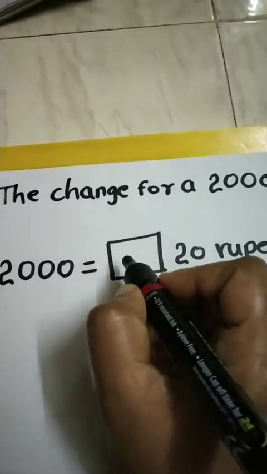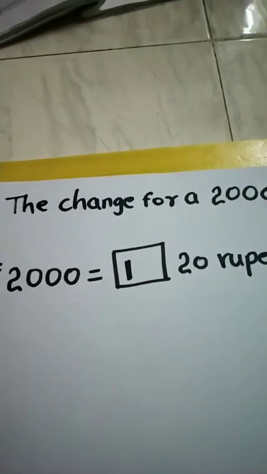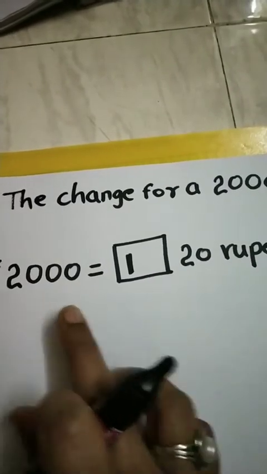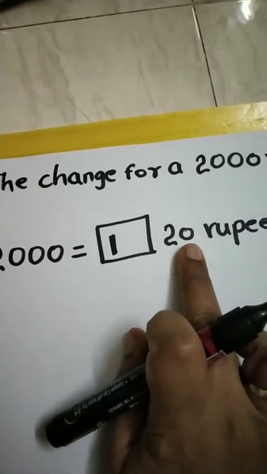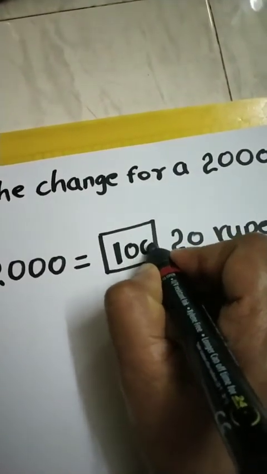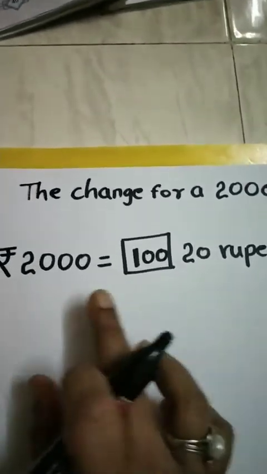Exactly, 2 ones are 2. So you have to take digit 1. And then you should get these 3 zeros in total. Already 1 zero is here, so on this one you have to give 2 zeros. It means 100. So you need 100 notes of 20 rupees to make 2000.